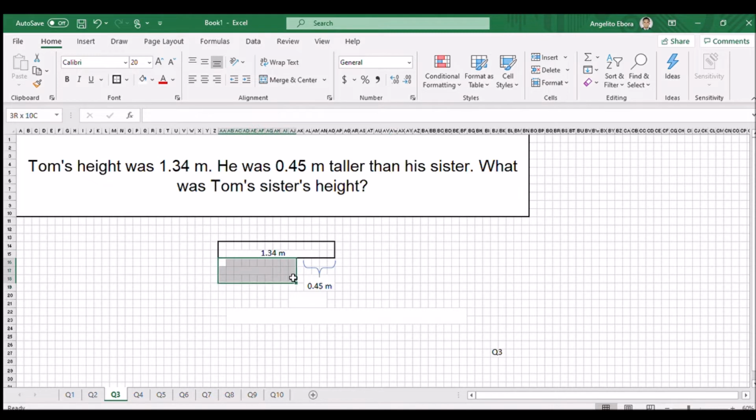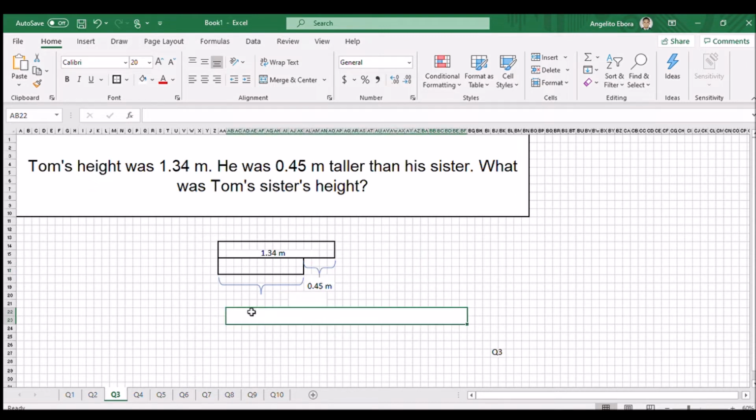So how do we find her sister's height? We're going to look for this part. We know that this one is Tom's height, 1.34 meters, and he was 0.45 taller than his sister. So to get this part, we just have to subtract these two numbers.